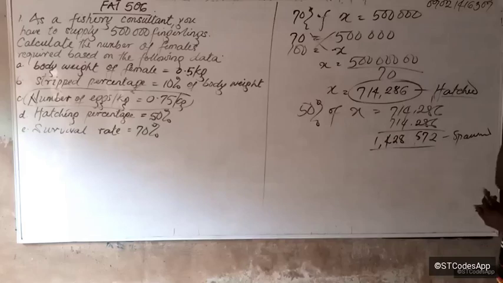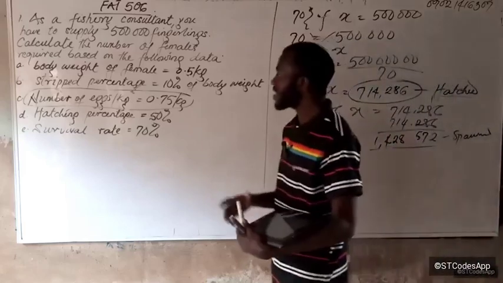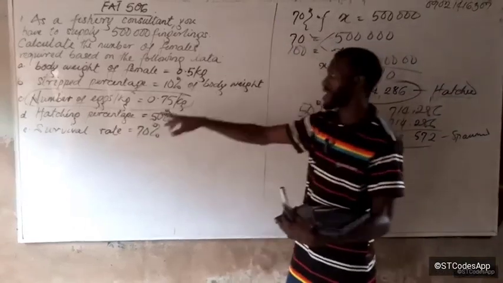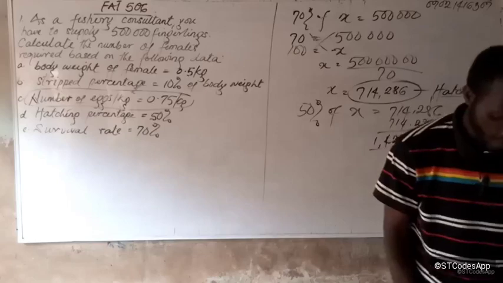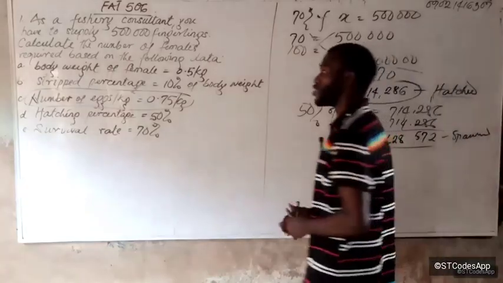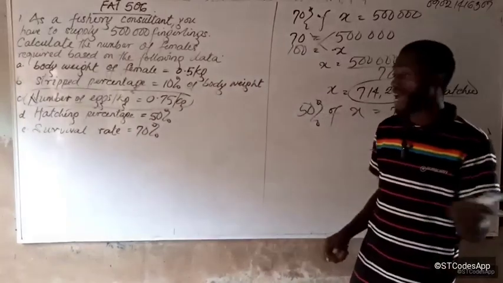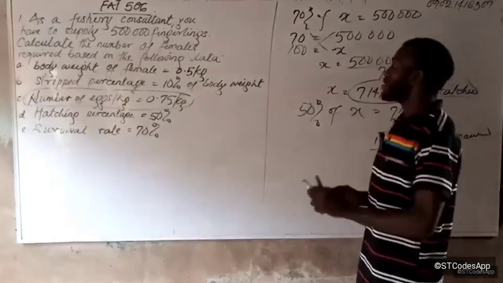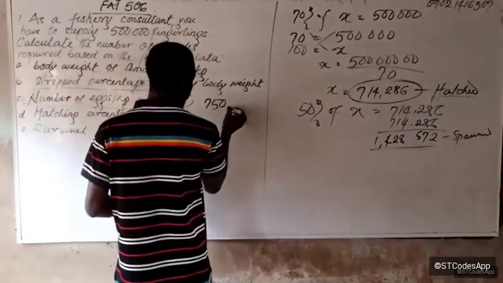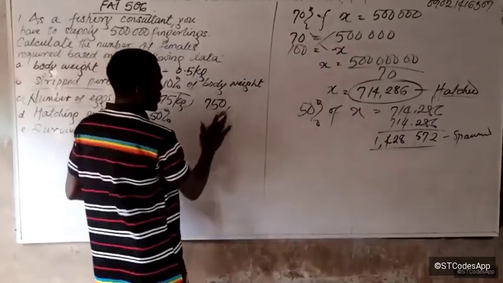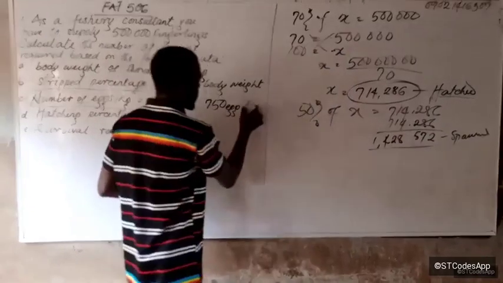All right. Now, how do we calculate the number of eggs? So we are calculating backwards. So the number of eggs per kg. Now listen to this place I said was controversial. I said it is controversial because the number of eggs doesn't make sense given a quantity of 0.75 kg. In fact, the only sensible thing to say here is that we have 750 eggs per kg.